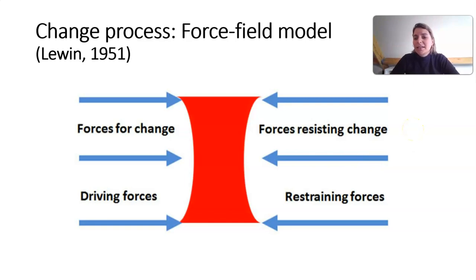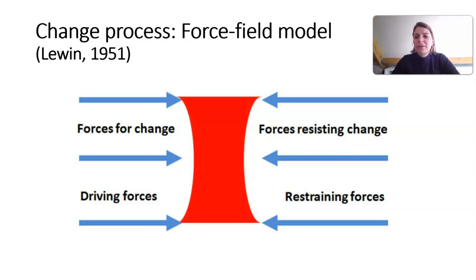So the other thing that a leader could do is reduce these restraining forces. Why do people not like the change, and try to get rid of those? For instance, reducing the fear of failure or economic loss. So there's 2 things in which leaders can move a change forward and implement this change process by either increasing the driving forces or by decreasing the restraining forces.